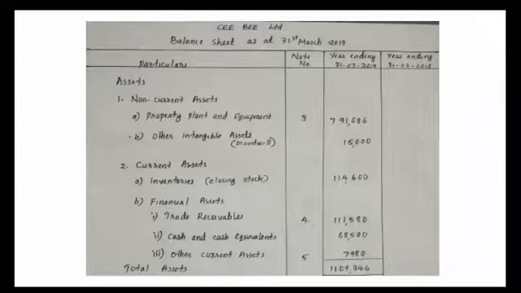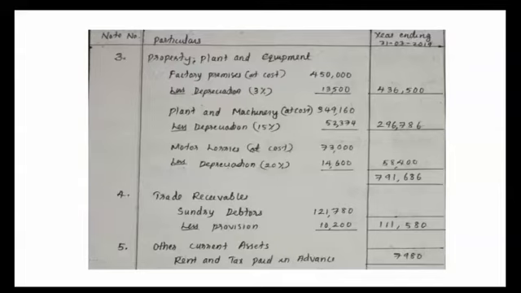So here we are discussing the balance sheet of CB Limited as at 31st March 2019. It starts with assets, and under the assets, non-current assets or fixed assets, the first head is property, plant and equipment, note number 3. What are the assets that come under this head?